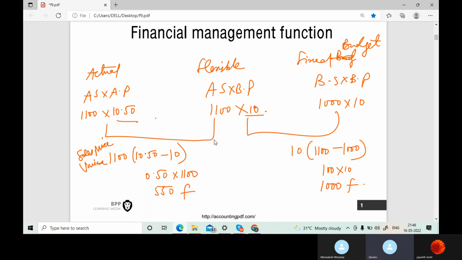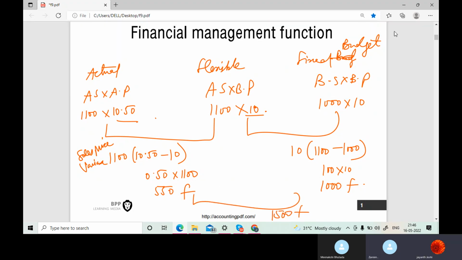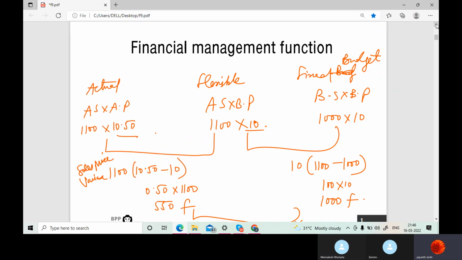Can you do the same thing for the big bird and tell me the results? Can you go back to the question? This one you can finish first. Then total variance is 1,550 favorable. Meenakshi, done, or shall I scroll up? Yes, done.